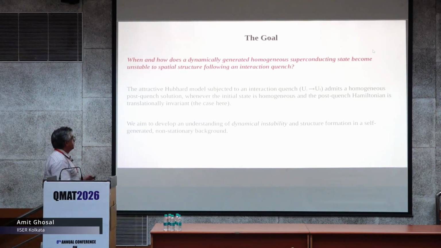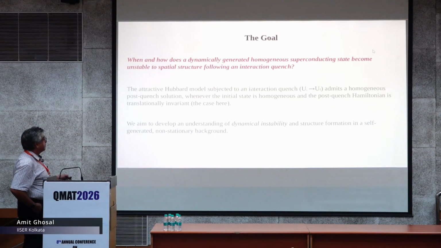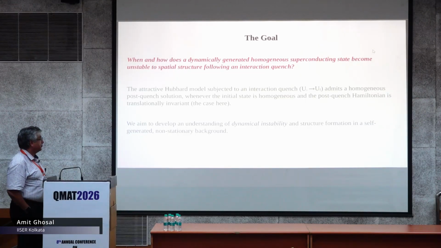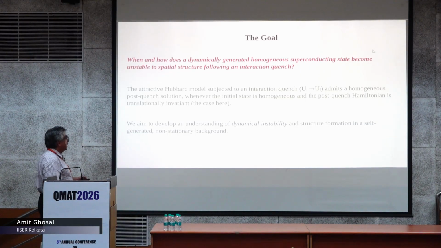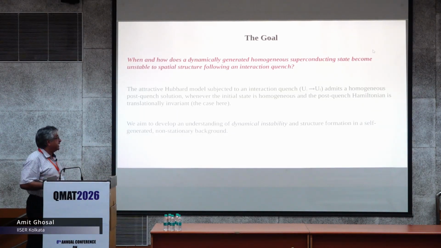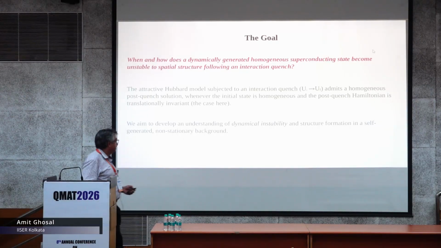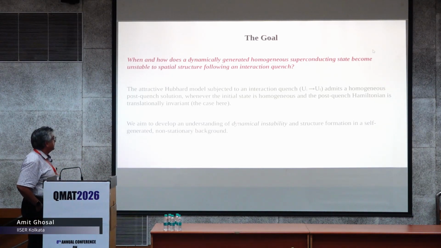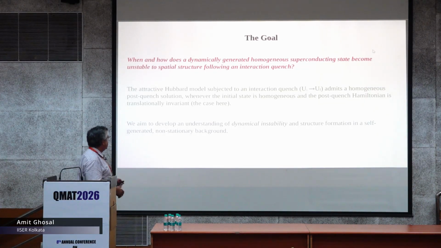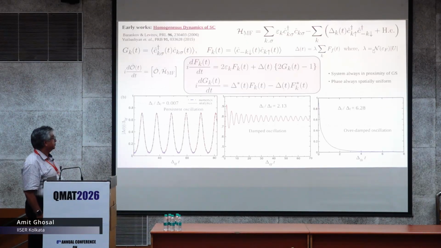To elaborate a little bit, the attractive Hubbard model, which we'll be defining, but most of you know what that is, if it is subjected to an interaction quench, it of course admits a homogeneous post-quench solution, wherever the initial state is homogeneous and the Hamiltonian which is evolving it is translationally invariant, which is the case for us. And we are going to develop an understanding for dynamic instability and structure formation in a self-generated non-stationary background. That is the one that I was just referring to.